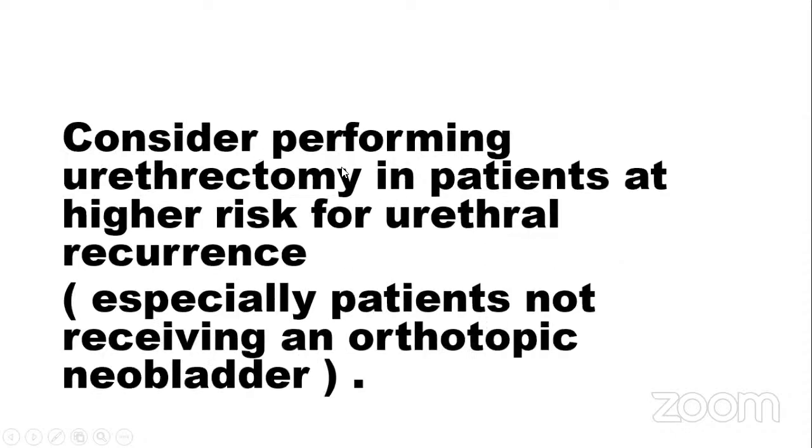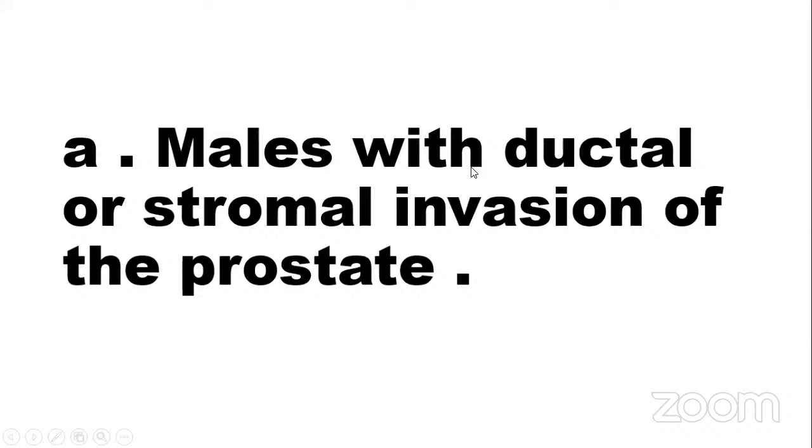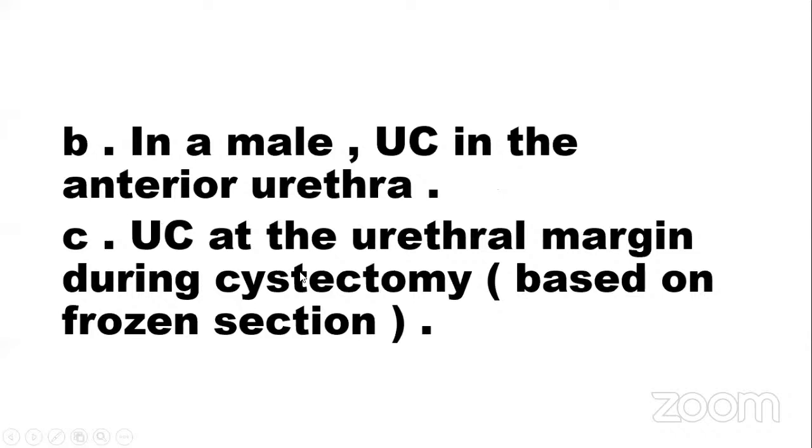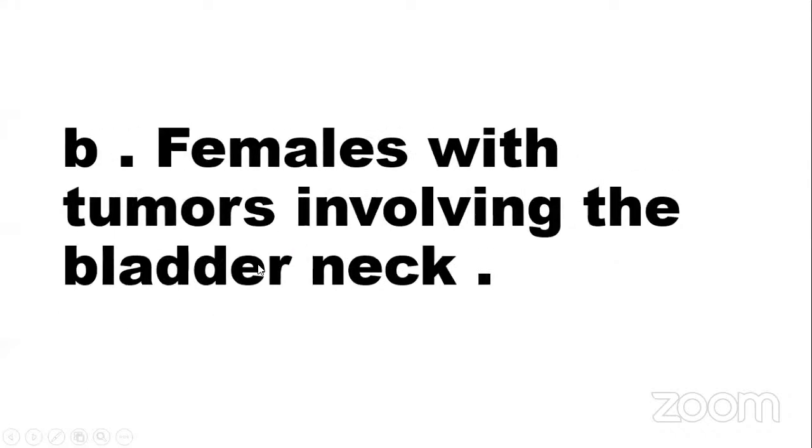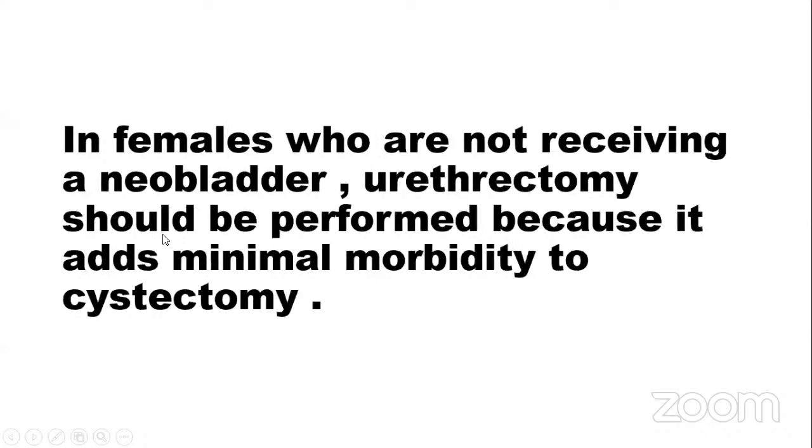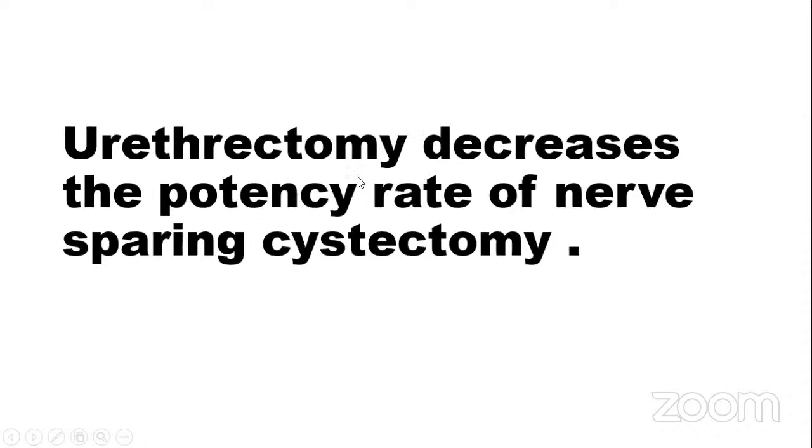Consider performing urethrectomy in patients at high risk of urethral recurrence, especially patients not receiving an orthotopic neobladder. Males with ductal or stromal invasion of the prostate, and females with tumor involving the bladder neck, are also options to consider. In females who are not receiving a neobladder, urethrectomy should be performed because it adds minimal morbidity to the cystectomy. Urethrectomy decreases the potency rates of nerve-sparing cystectomy.